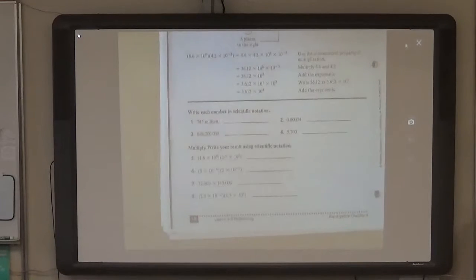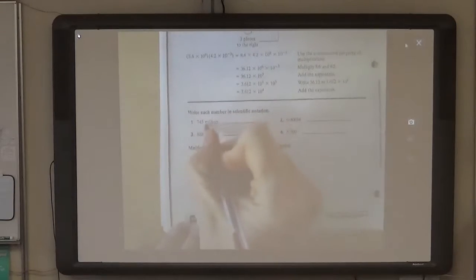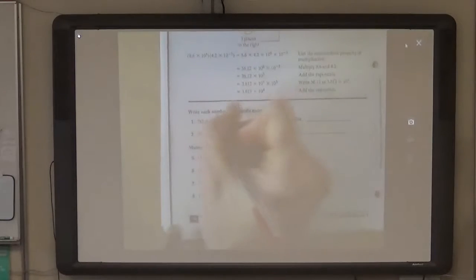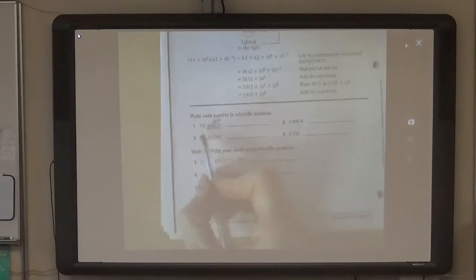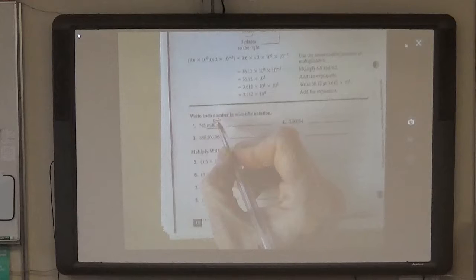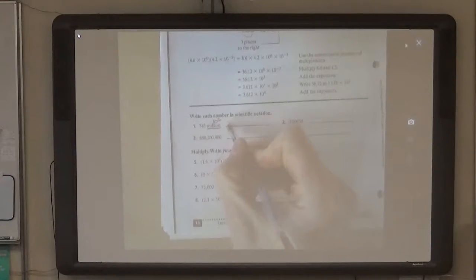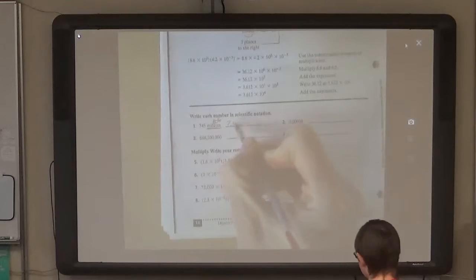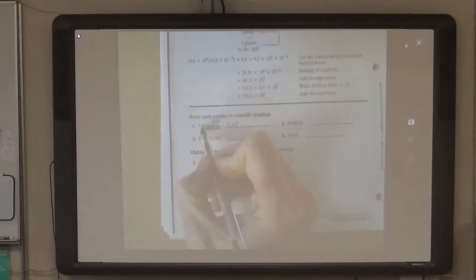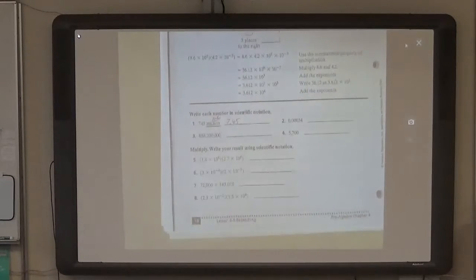So, do you know what a million is as a power of 10? 10 to the 6th power, yep. So if we start with that, then this is 745 times 10 to the 6th power, but we have to change it to 7.45, which means we'd have to move the decimal place 2 more places to the left.